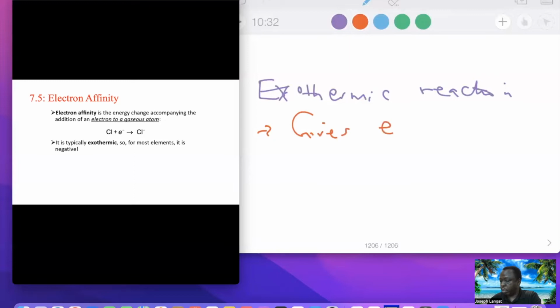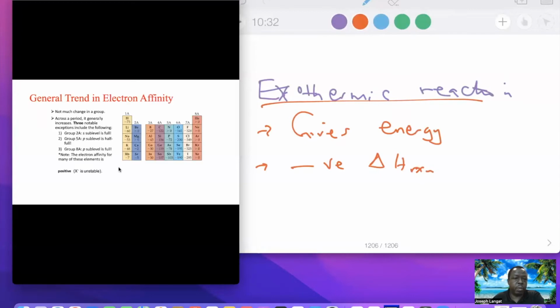It gives energy. Remember that a negative delta H for a reaction means it's an exothermic reaction. You'll see the energies for these are always given as negative.